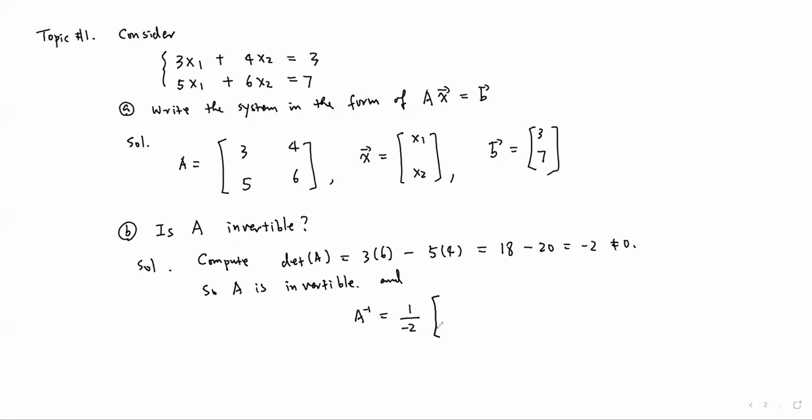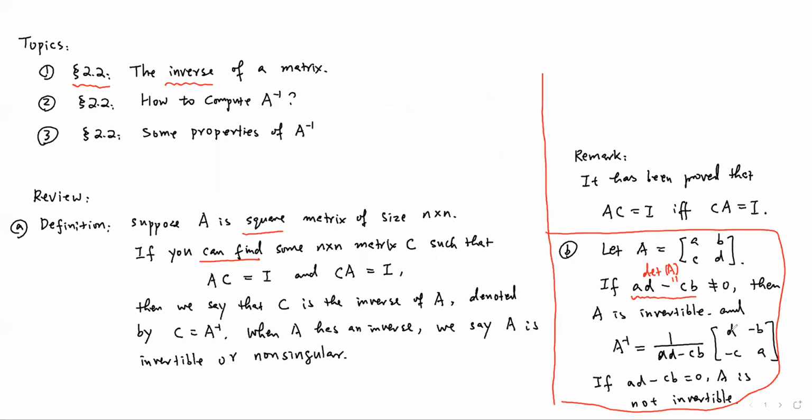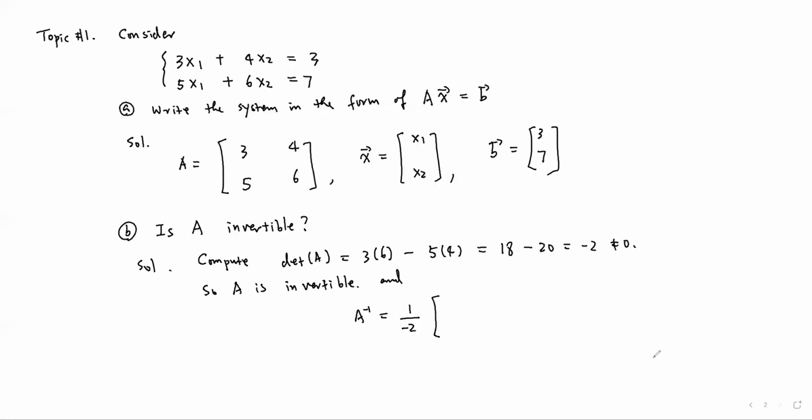Then times the matrix D, -B, -C, and then A. D is 6. -B: B is 4, so -4. -C: C is 5, so -5. And then A is the number 3.